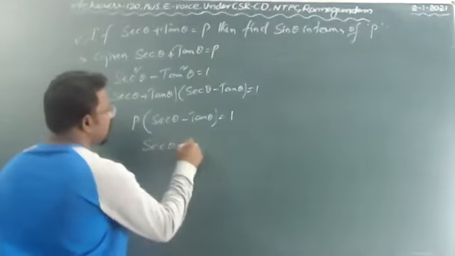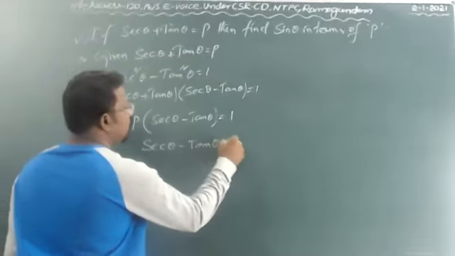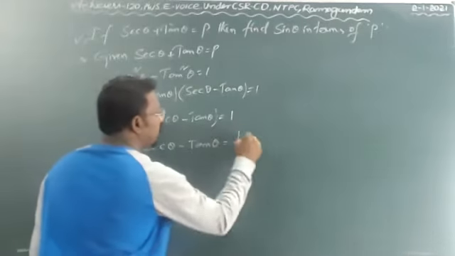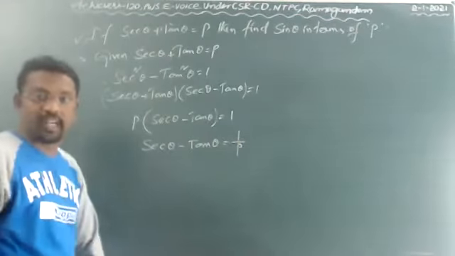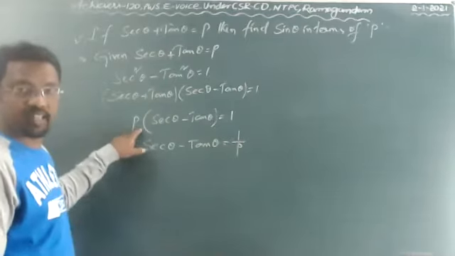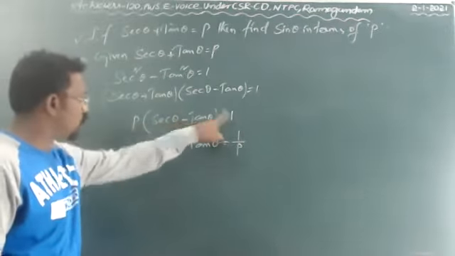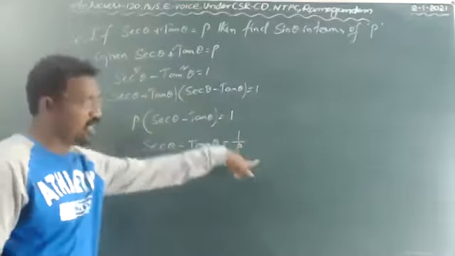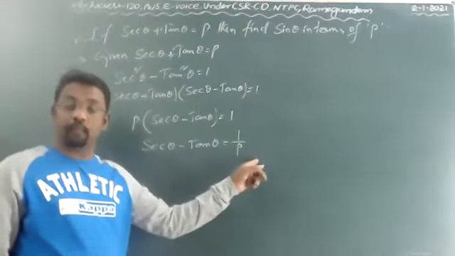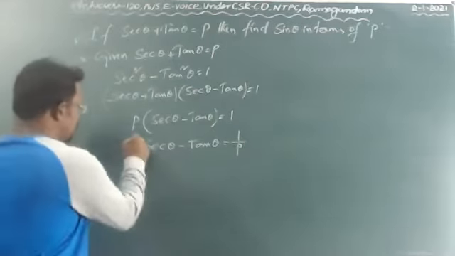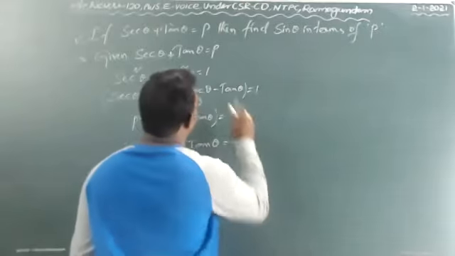Secant theta minus tan theta is equal to what? P sent to this side goes to the denominator because it is in product, so secant theta minus tan theta is equal to 1 by P.